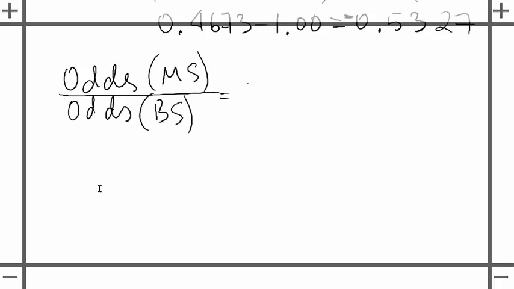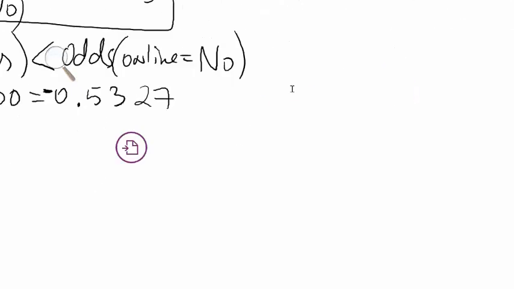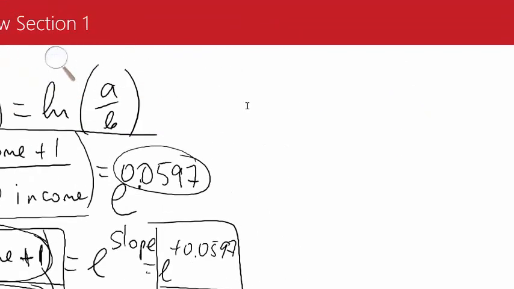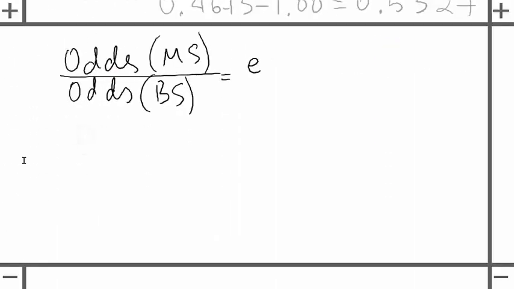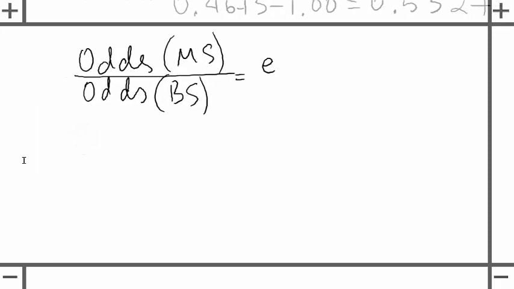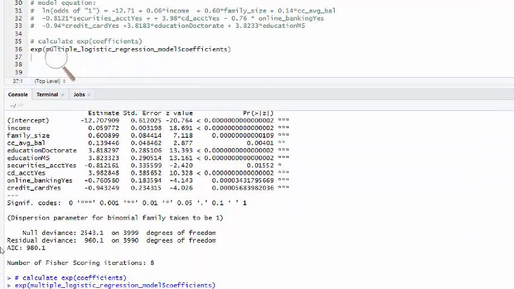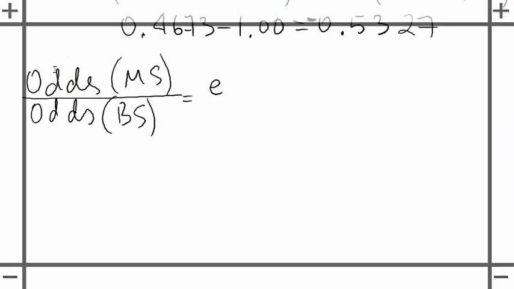It's e to the power 3.8233 divided by e to the power 0, because BS gives a contribution of 0, right?